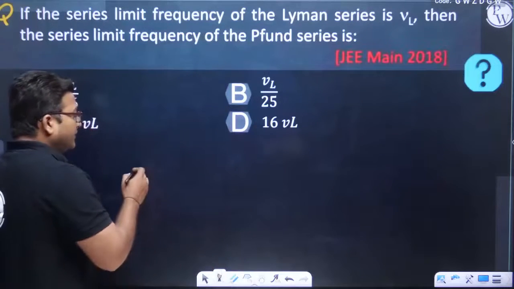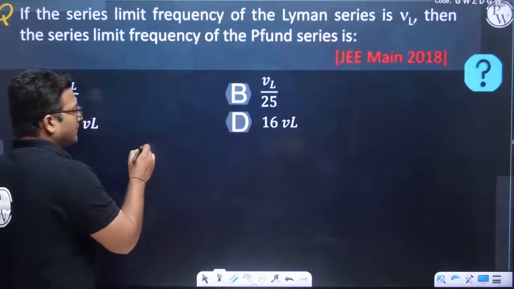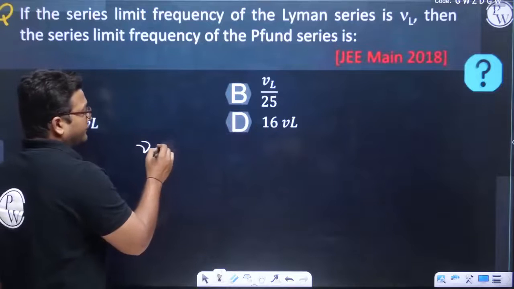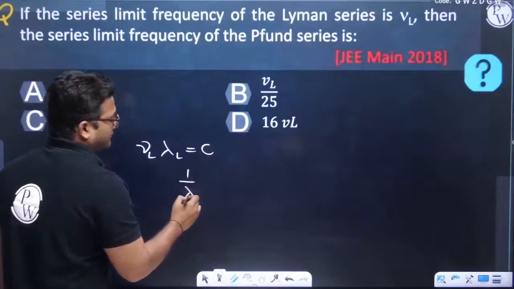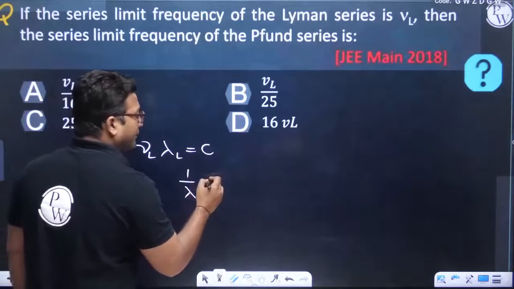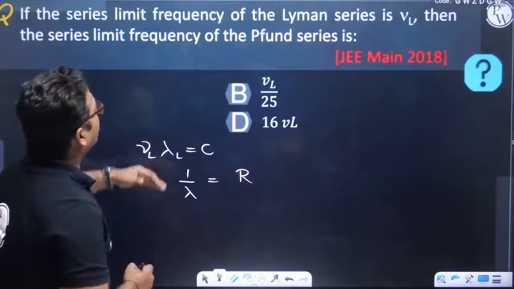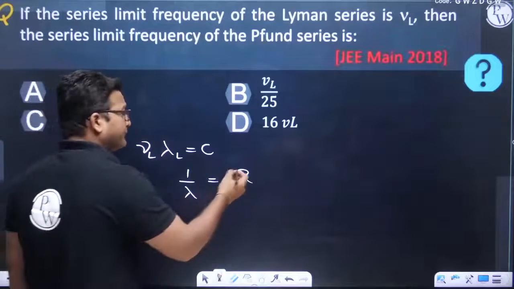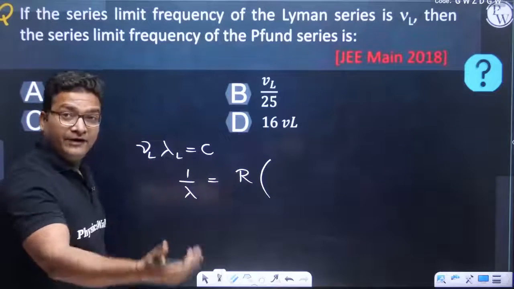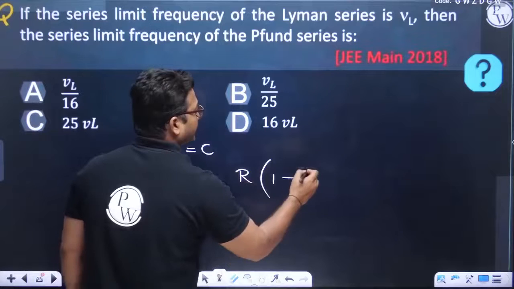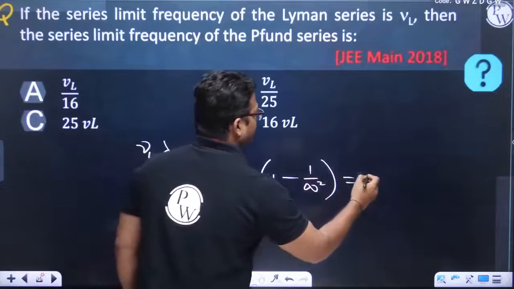As we know, frequency times lambda is equal to C, and 1 by lambda according to the Rydberg formula is actually R. As we are talking about the hydrogen atom, we have Z equals 1, and the series limit means coming from infinity to 1. So 1 minus 1 upon infinity square. So it is basically equal to R.